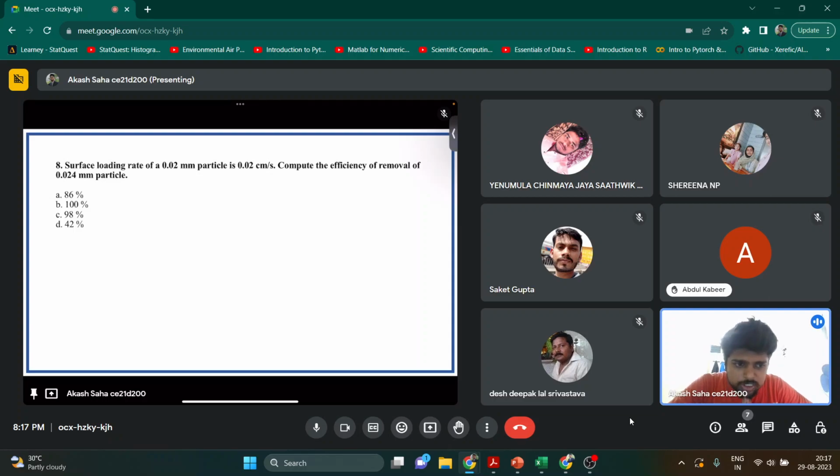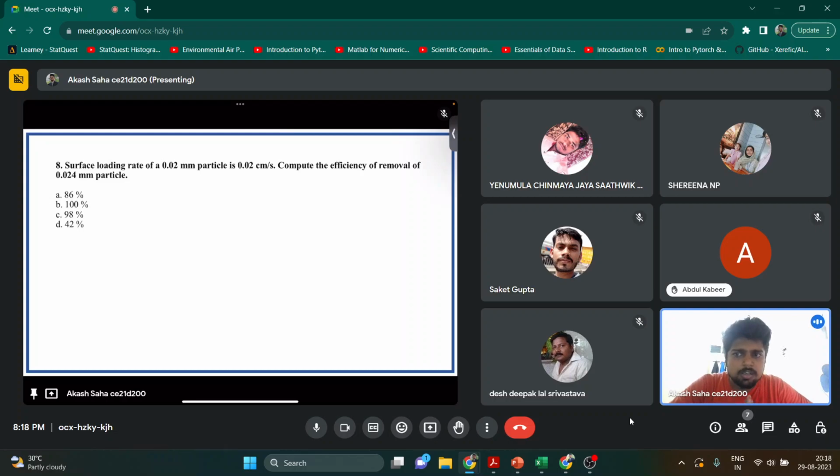Okay, tell me, which particle is greater: the one for which we have to find the efficiency, or the one for which the surface loading rate is defined? The particle for which we have to find the efficiency is greater in size, right? If the particle size is greater than the size of the particle for which the surface loading rate or critical velocity is defined, it will definitely settle.